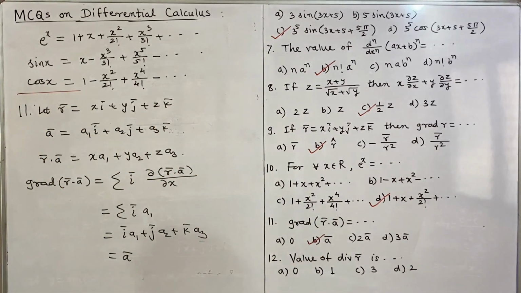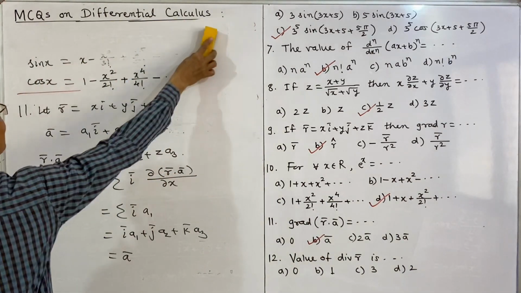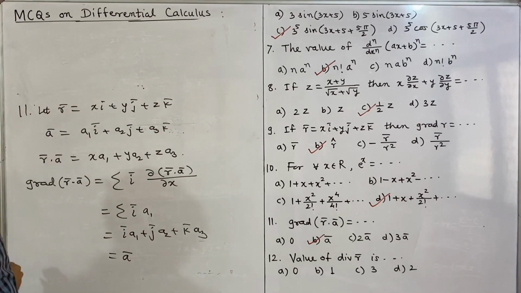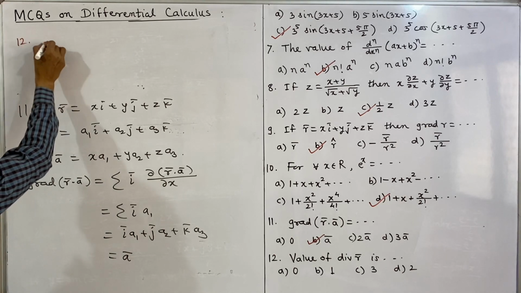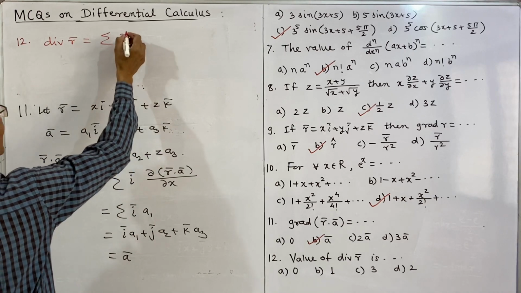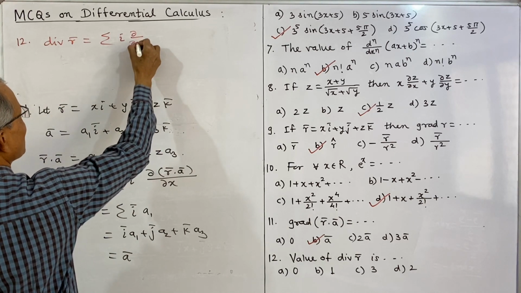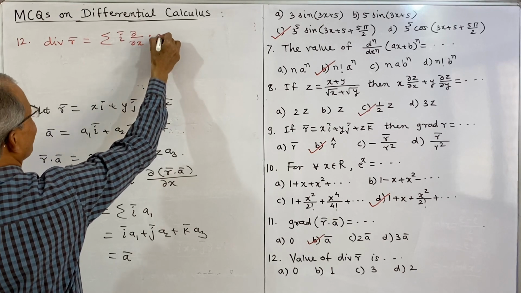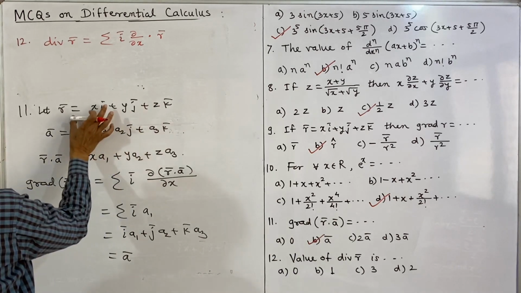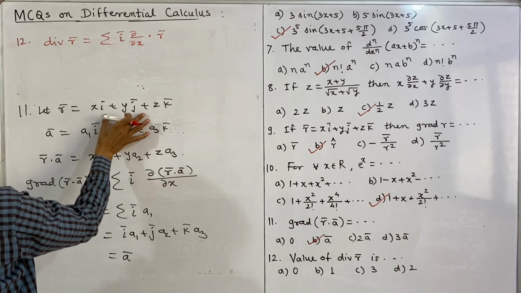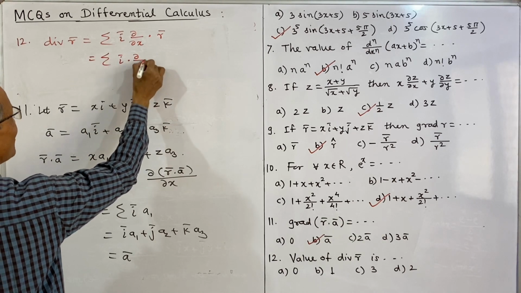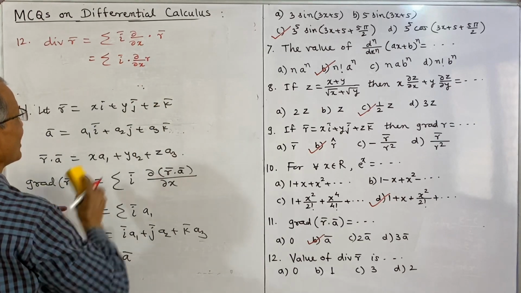Then the value of divergence of r bar. Again, r bar is this vector, and the divergence of the vector r bar is, by the sigma notation, summation of i dou by dou x dot r bar, that is summation of i dot dou r bar by dou x.